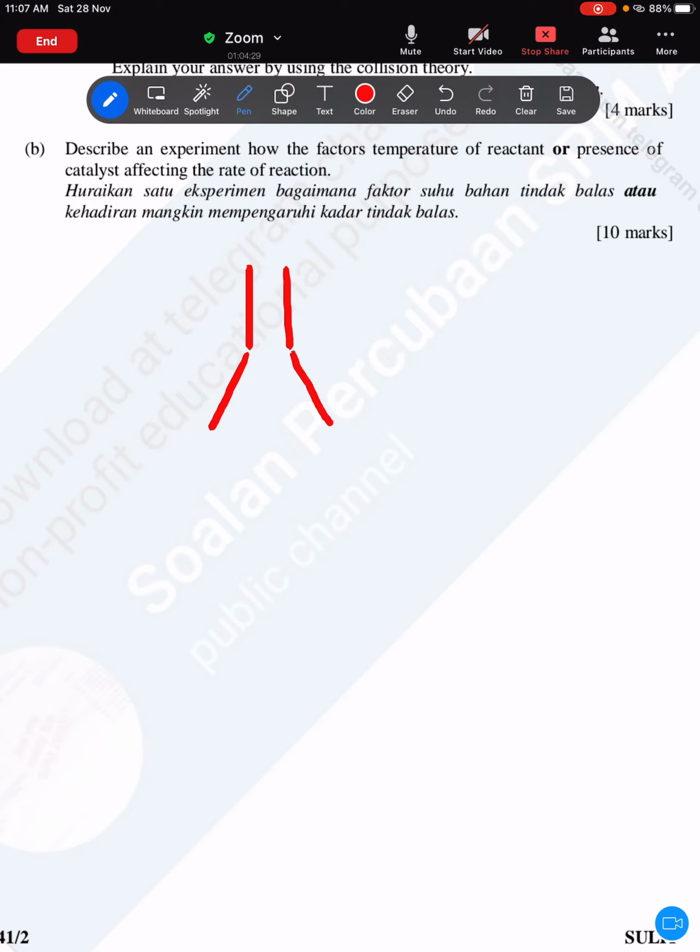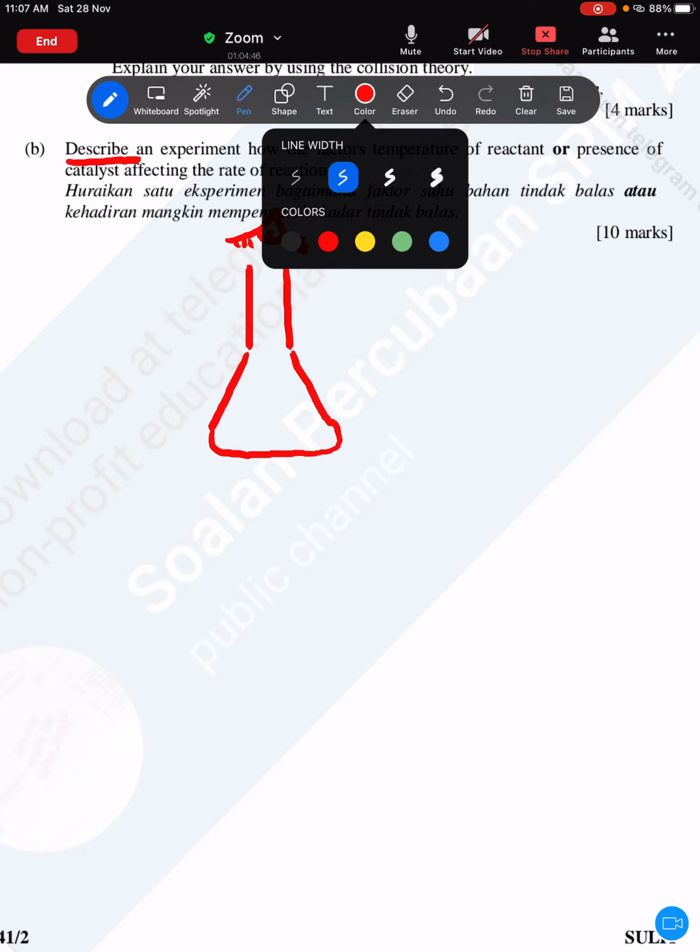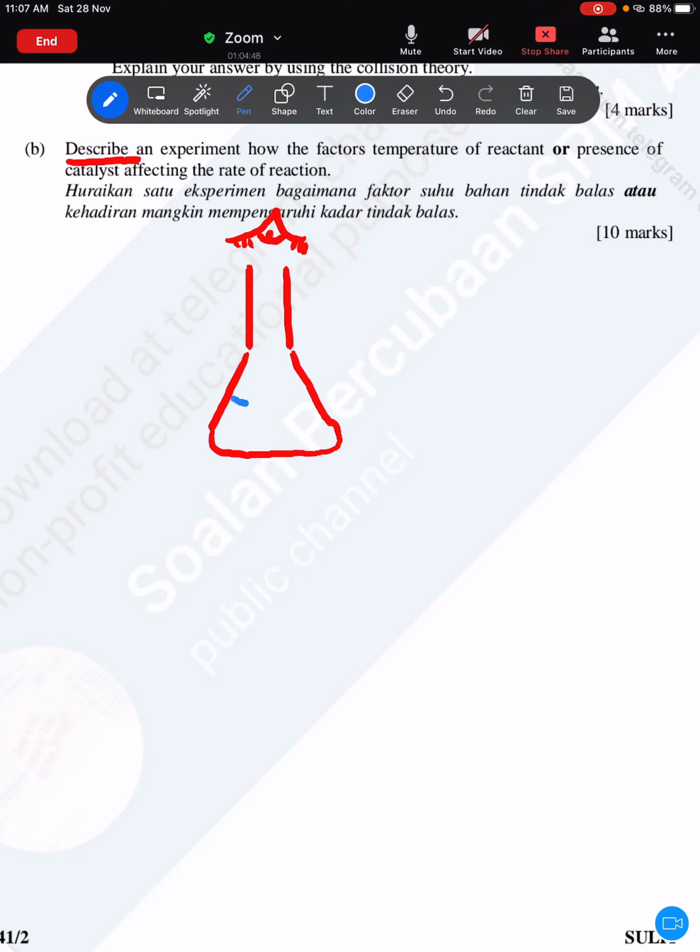Okay, you have this thing over here because the question asks us to describe. Then you need to do step by step. Of course, you will put your eye. Hey guys, during SPM, please draw and label. Don't just draw because some of you drawing boleh menyebabkan fitnah. Kita tak nak ada fitnah.